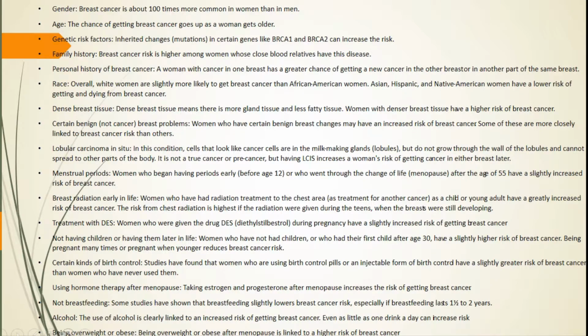You can take a minute to read through the definitions for all of these risk factors.